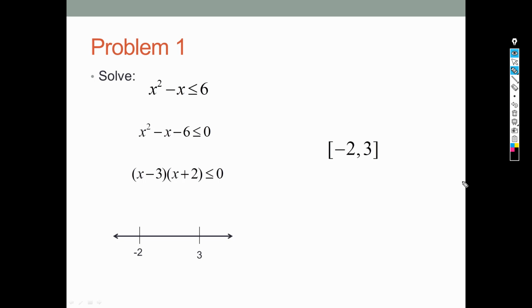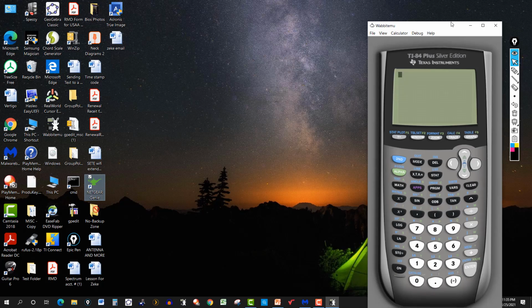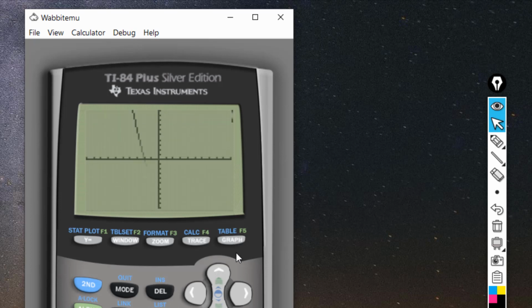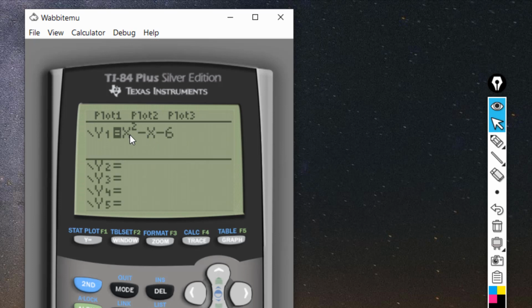Now to get an idea as to why this works, okay, if I graphed the expression, okay, this is the expression that was on the left side, x squared minus x minus 6, you get an idea as to why the procedure works.